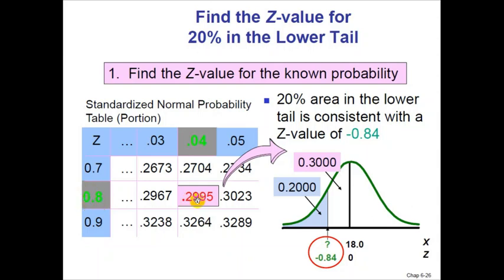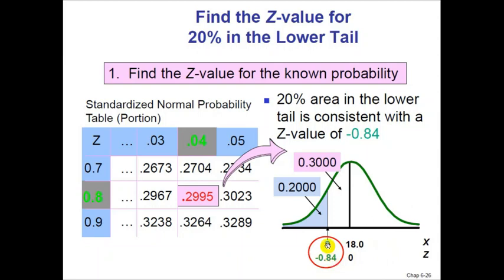You read by column going up, you have 0.04, meaning that the z is 0.84. So for the 0.3000, the z value here is negative 0.84. You get 0.84, but 0.84 is for the positive side. So on the negative side, you need to add a negative sign.